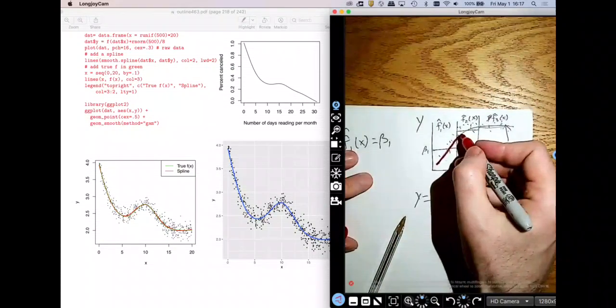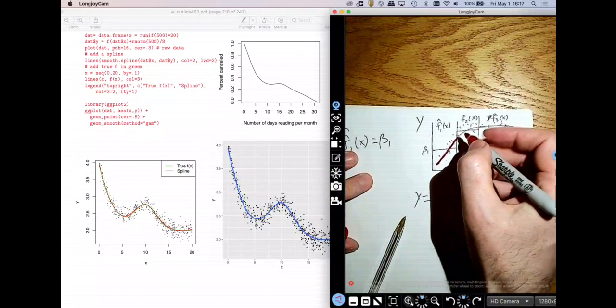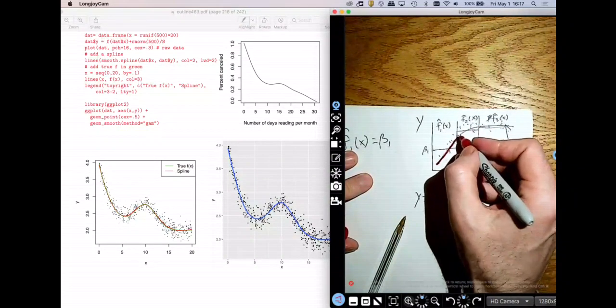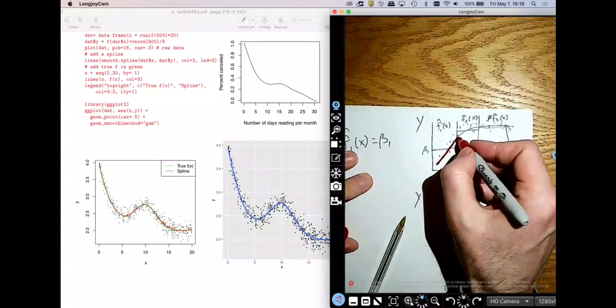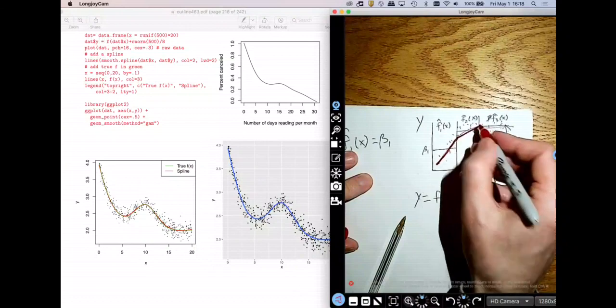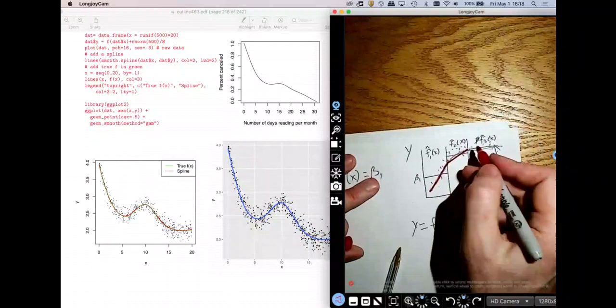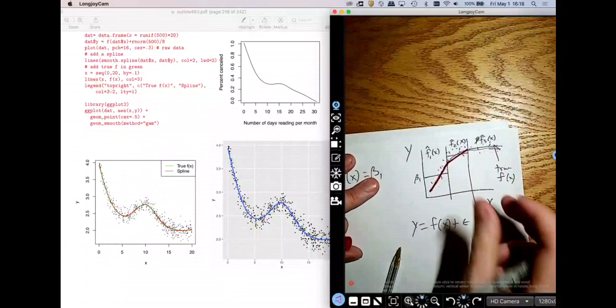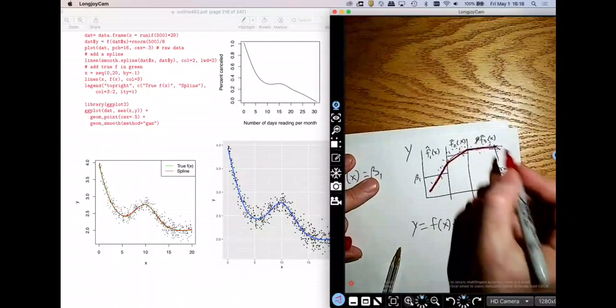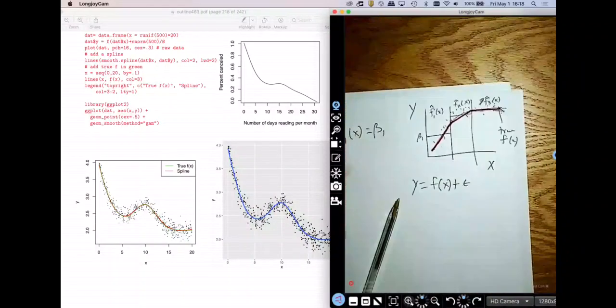Then I'm going to fit the best least squares line here, and I'm going to do so under the constraint that they match up at this point called a knot. So there's another piecewise fit. And then we're going to do the exact same thing out here in this third bin or neighborhood and fit another line. So I've got 3 lines, and that's my fit.